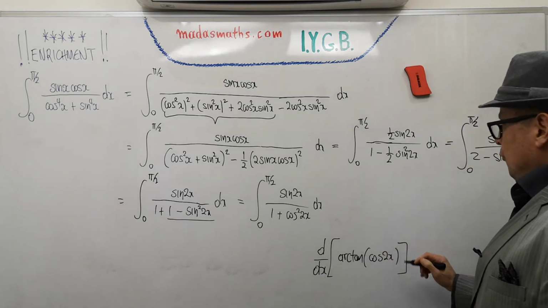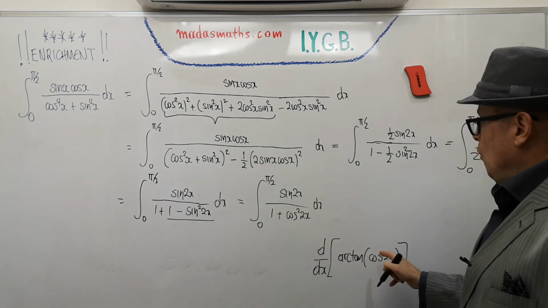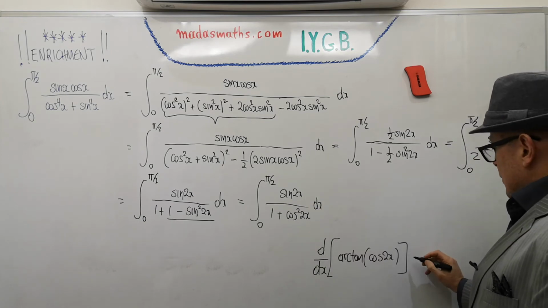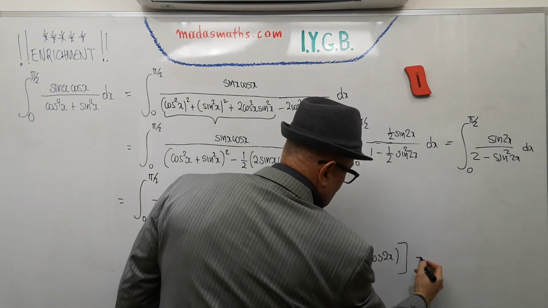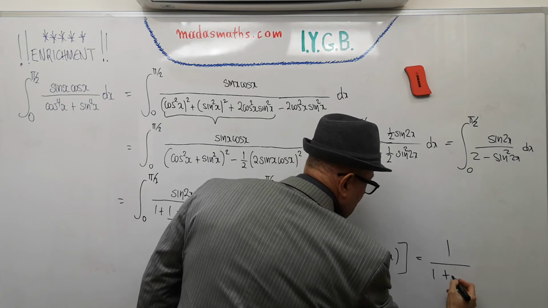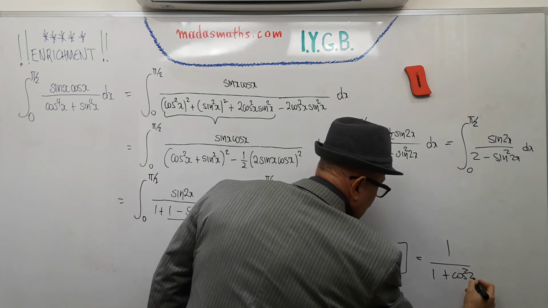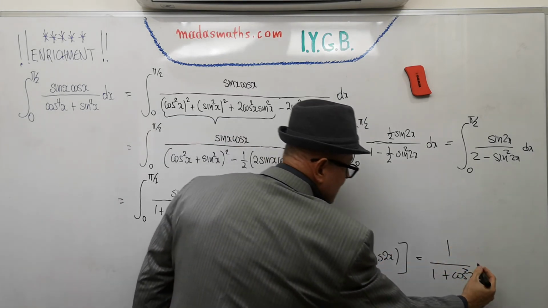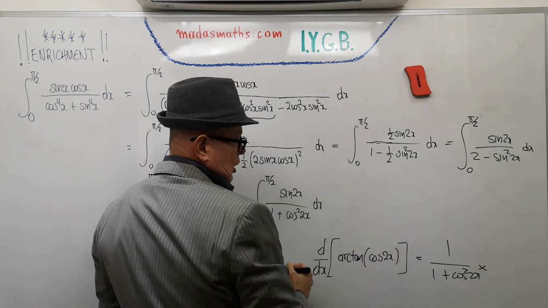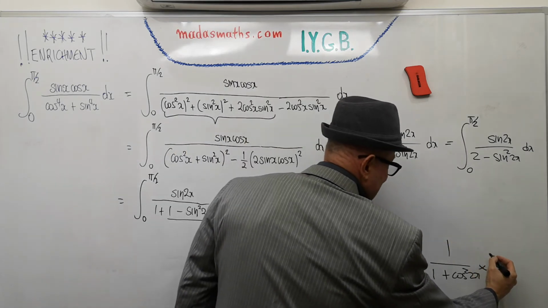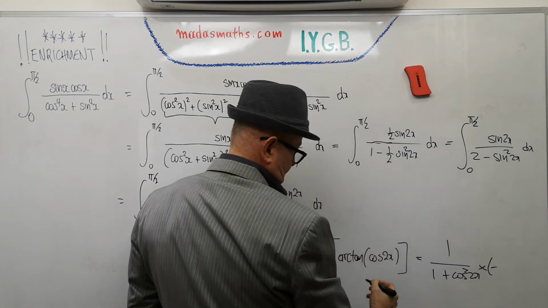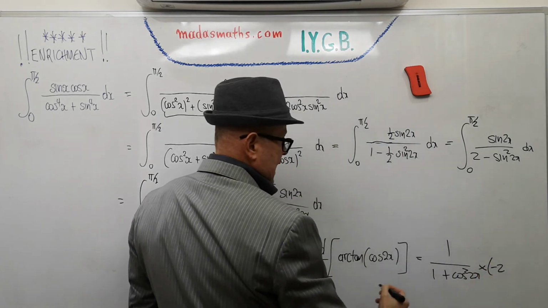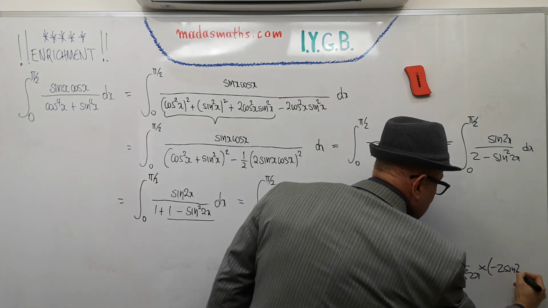It would have produced, of course, 1 over 1 plus cos squared of 2x, which I'm seeing in there, times extra bits. When I come to differentiate the cos of 2x, that will of course produce an extra negative, because the cos goes to negative sine, a times 2 from the chain, and a sine of 2x.